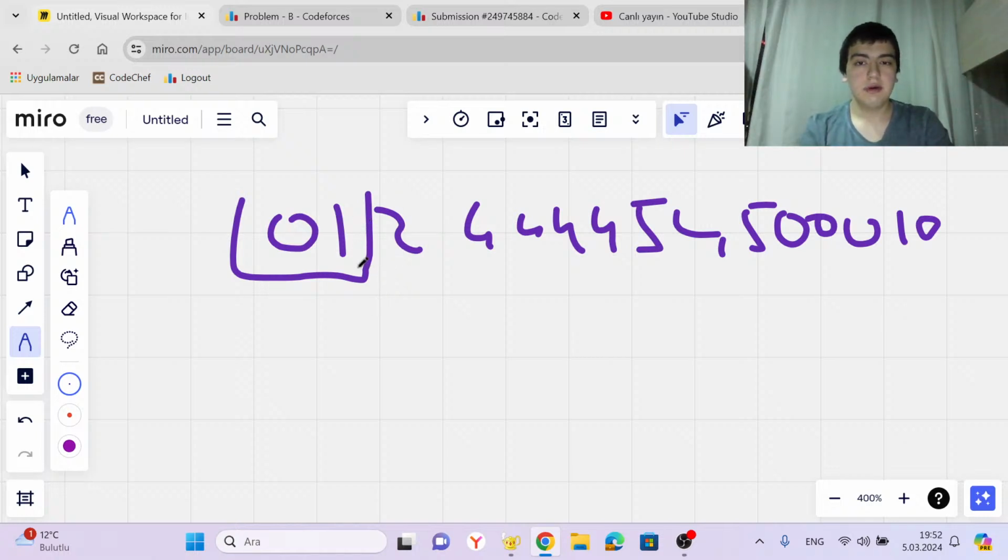If we take 0 and 1, we will take this 2 in another subsegment, and we know that all the maxes should be equal to each other. So if we take 0 and 1 in this subsegment, we should take 0 and 1 in all the other subsegments we have divided.